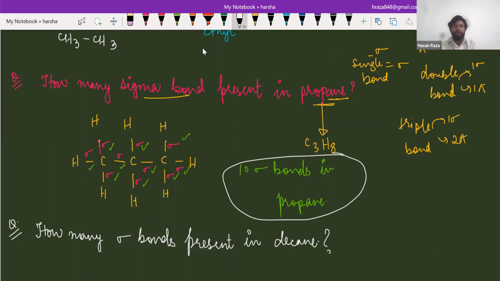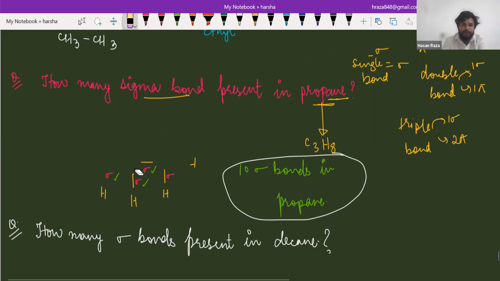How 10, sir? Martin, can you repeat it again? Are you asking how 10 sigma bonds? Yes, sir. Okay, see, I just explained, just focus here, please.